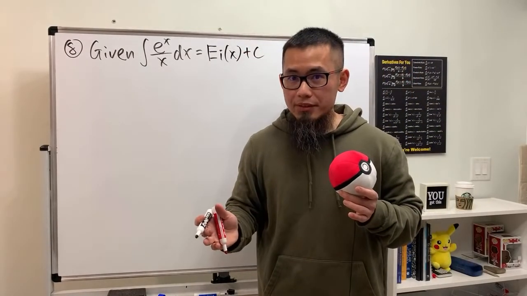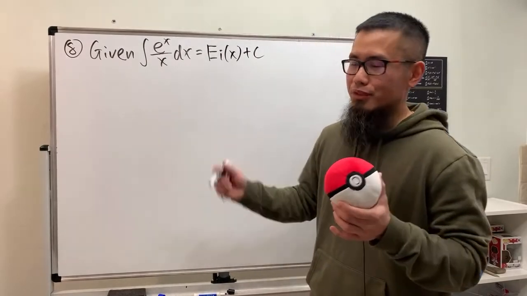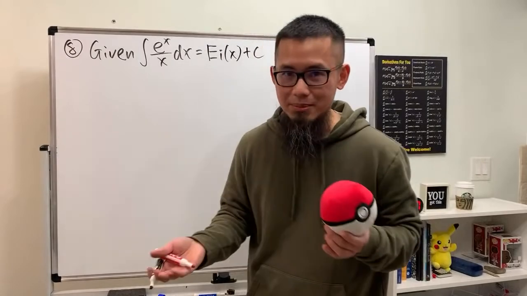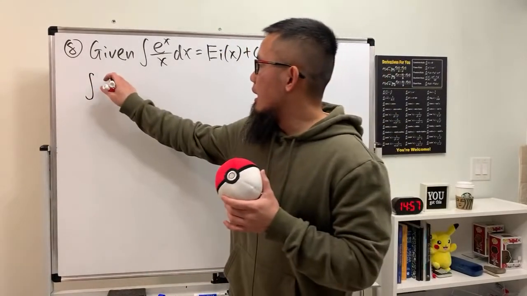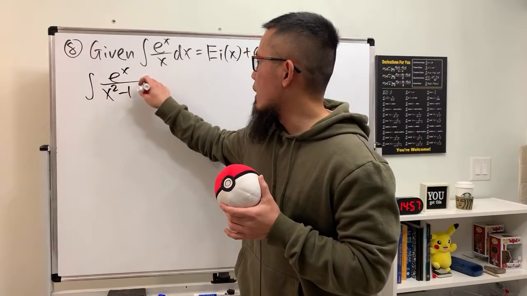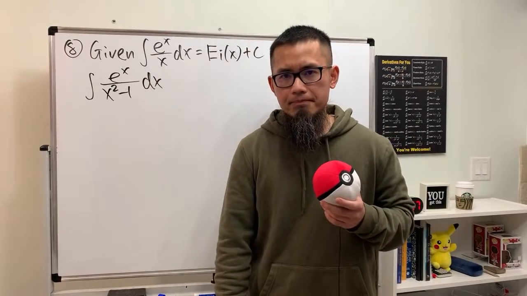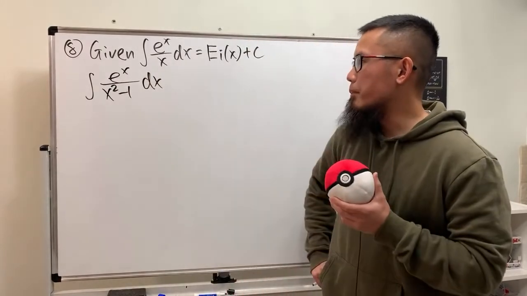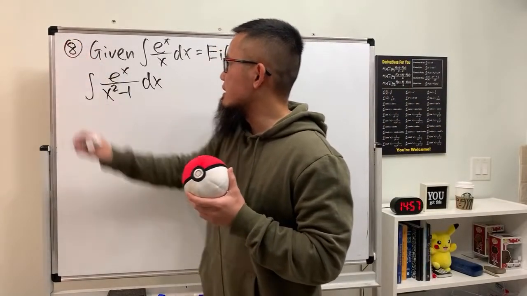If you have been to my live stream the previous 2 times when we are doing integrals, you know we use special functions, just to make it special. Here we are going to integrate e to the x over x squared minus 1 dx. It's quite similar to number 7. By the way, this is not delta, this is 8.